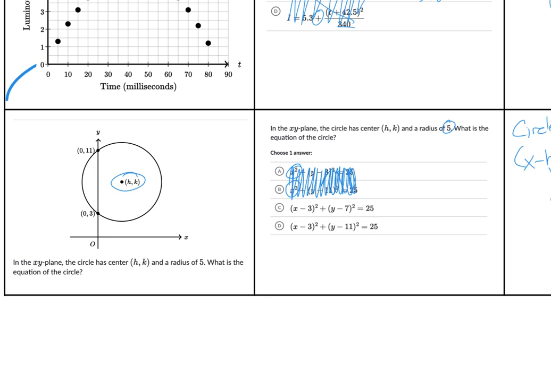Sometimes you just have to cancel things out. So the question is, did you shift? The center here would be 3, 7. The center for part D would be 3, 11. If I went all the way up to 11, would this be the center of the circle? No. And so my answer is C.